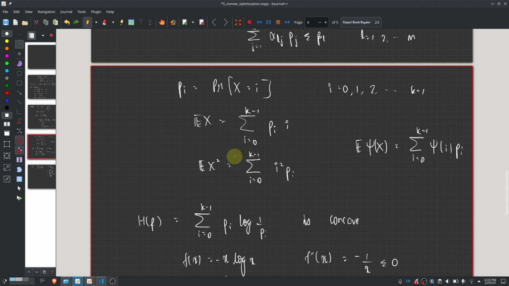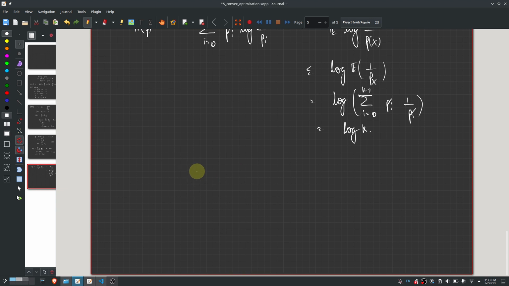So typically, when you deal with this, you ensure that you fix the mean equal to something. For example, when you try to find the most noisy channel, consider the following scenario where you have a channel of the form y equal to x plus z, and you want to find out which z corresponds to the most noisy channel.